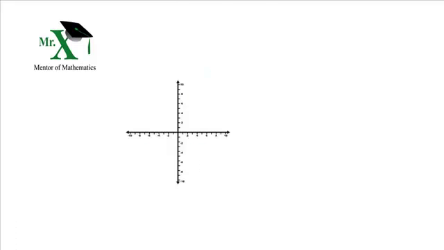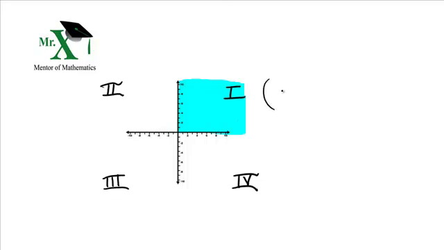3 and 7/10 written as a decimal, 3 and 7/10 written as a mixed fraction. Now a quick word about the axes and the quadrants. We quite often label the quadrants with Roman numerals. 1, 2, 3, and 4. You don't have to use Roman numerals, but it's kind of a convention. This is the first quadrant. And in the first quadrant, both x and y are positive.